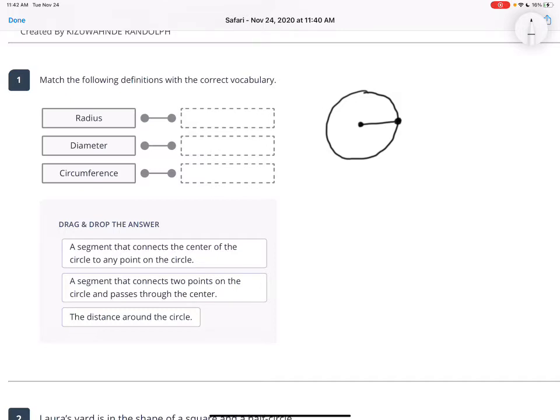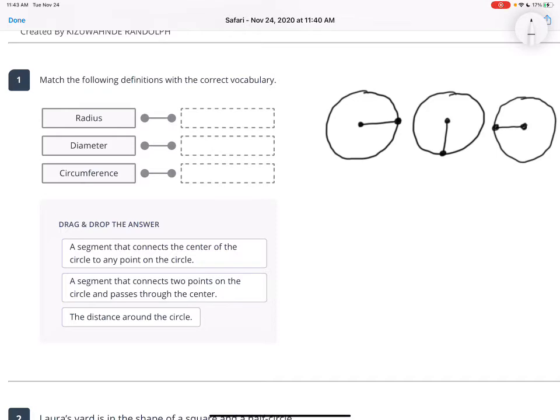Now let's look at this. This is an example of one radius, and I'll draw you guys another example of a radius. And let me draw you another example of a radius. So which choice do you think best matches what I've been telling you guys?